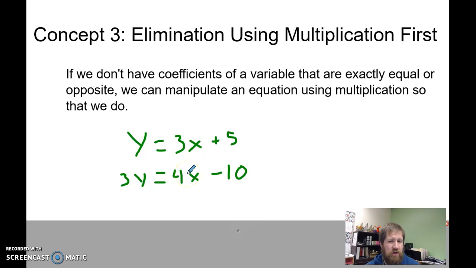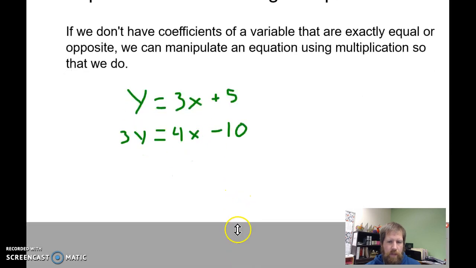They're kind of like fraction denominators. I'd have to multiply this whole equation by 4, and then this whole equation by 3, and get 12x and 12x. Or use some fractions, multiply this whole thing by 4/3. But regardless, it's going to be messier than just doing my multiplication by 3. Okay, so let's start there.